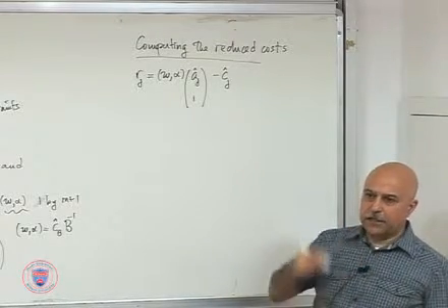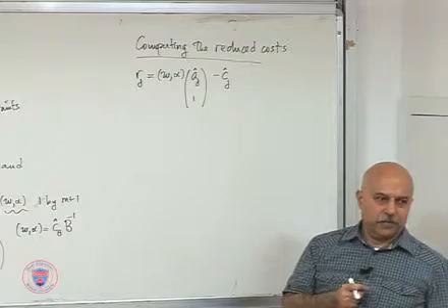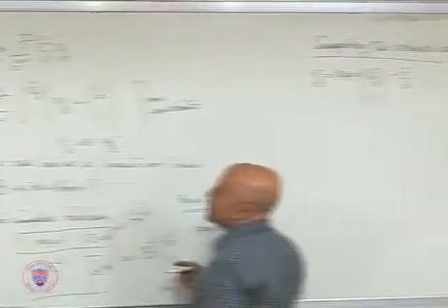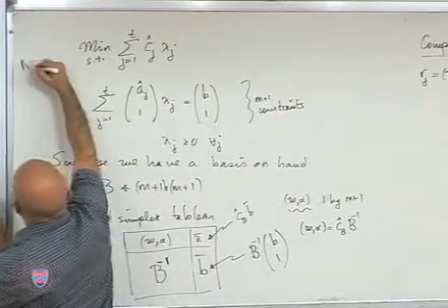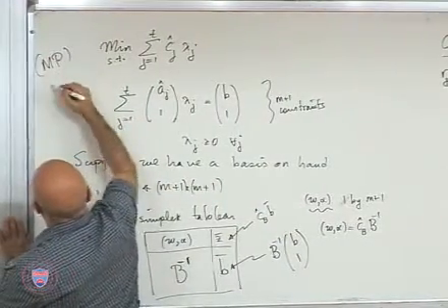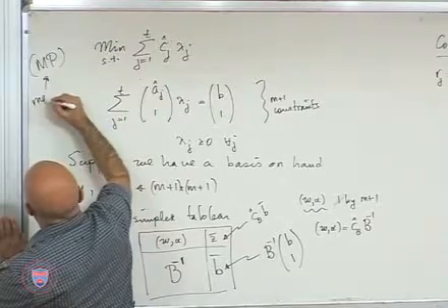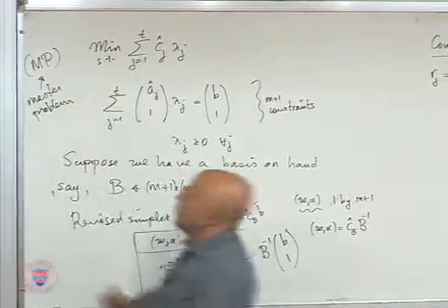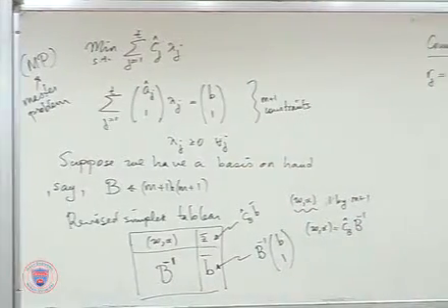This is the reduced cost associated with the variable lambda_j. We're working with this problem. This is the master problem. Maybe we should give a name to it. Master problem, which is your working problem.